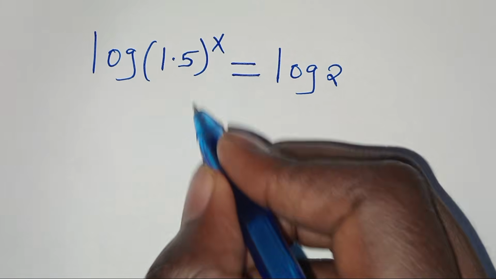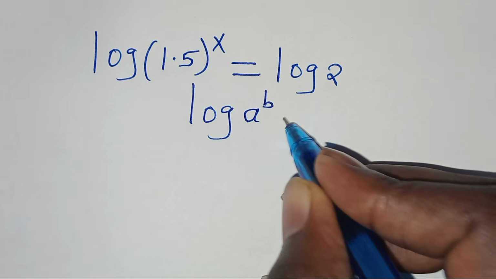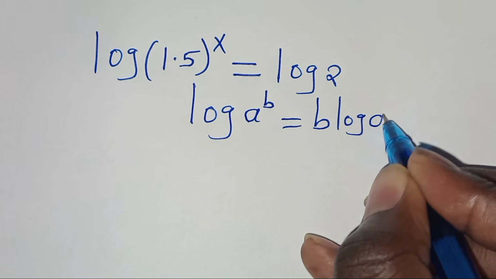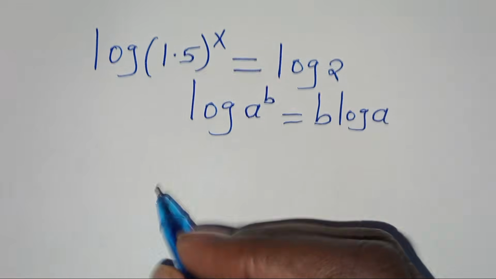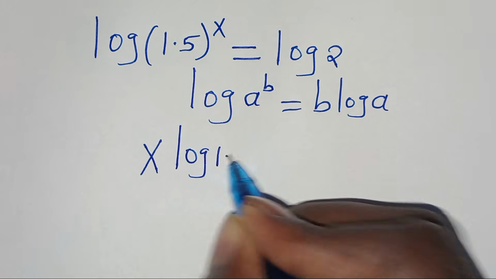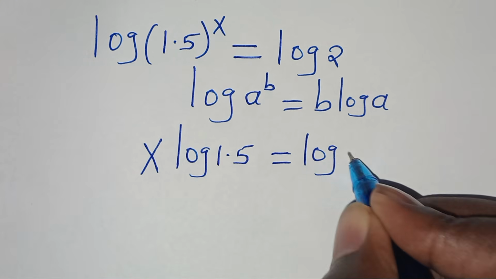This is in the form of log a raised to the power of b, which we can express as b log a. Now this implies that we have x log 1.5 equal to log 2.